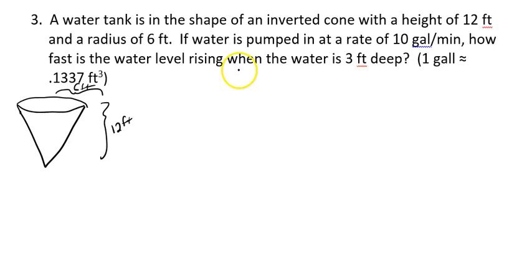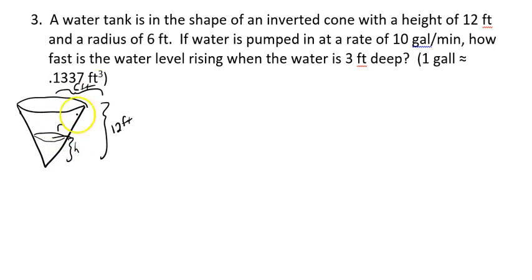Okay, so the first thing that you want to do before anything else here is come up with that relationship between radius and height. The 6 and the 12 are for the entire cone. If you think about it, the water is coming in. The water is not full yet. It's somewhere down here. It has some kind of radius and some kind of height that we don't know at the moment.